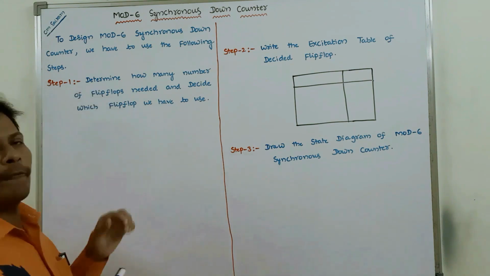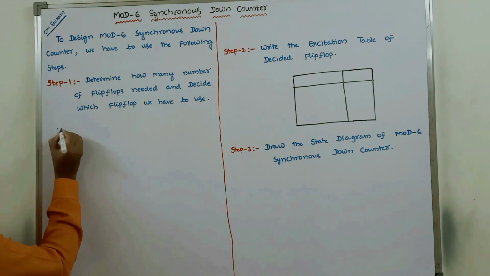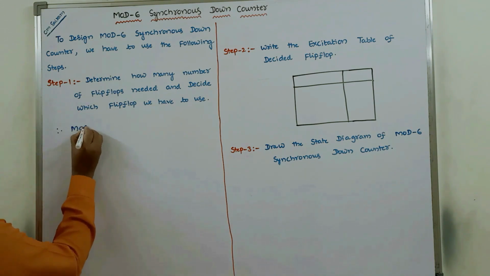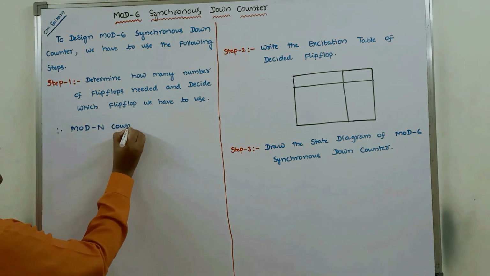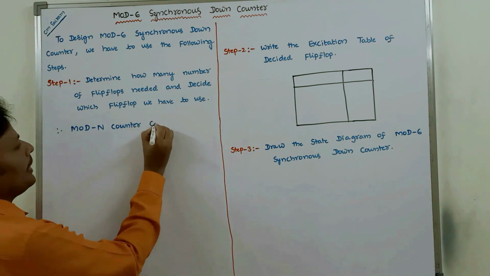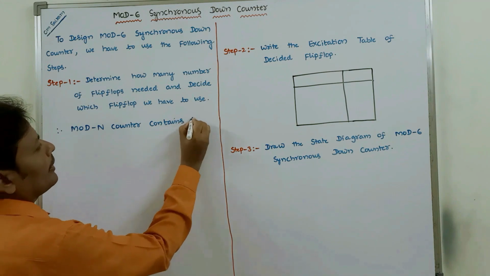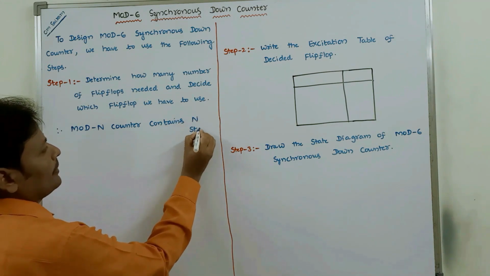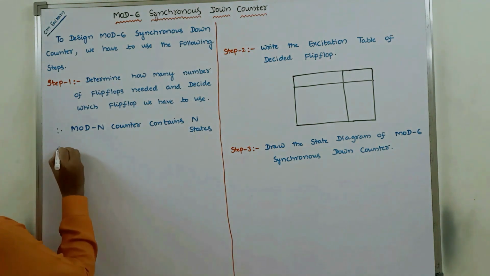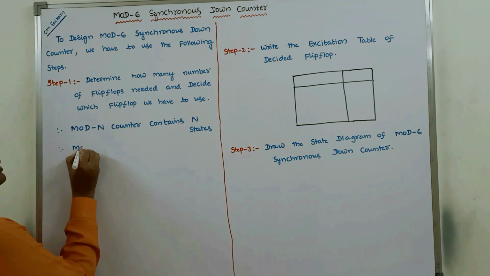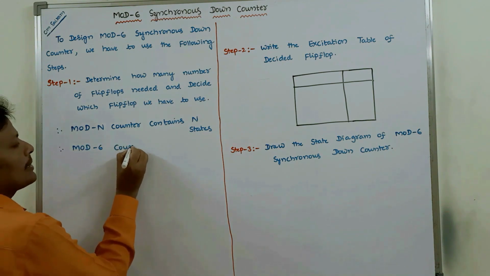We already know that a Mod N counter contains N states. In the same way, a Mod 6 counter contains 6 states.